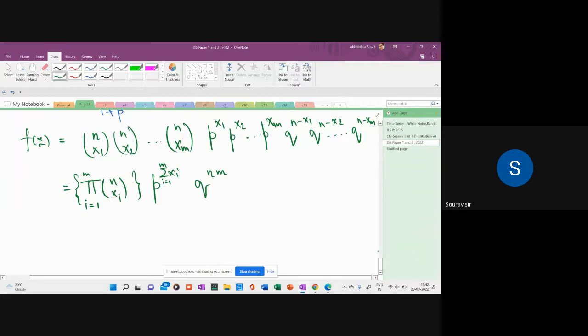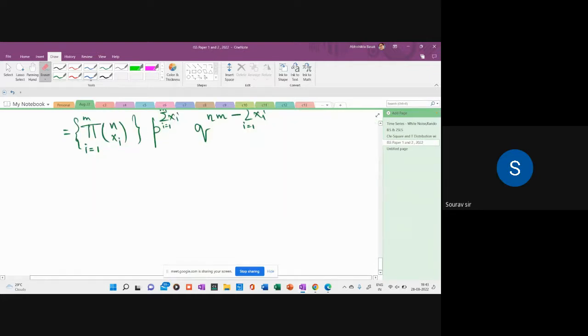That is, this term I can write as q to the power of m times n minus the sum of the xi, which gives nm minus summation xi. Okay, so this is my joint distribution.